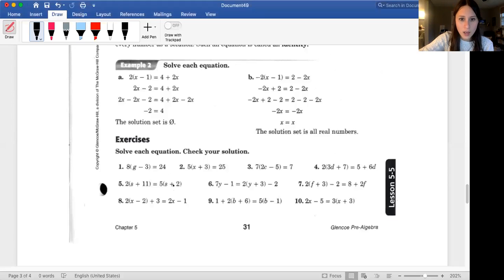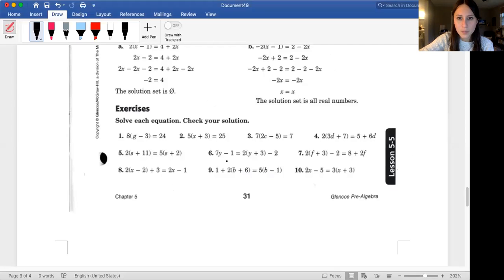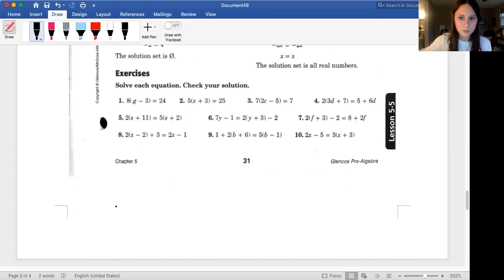All right, let's go back to our study guide for a second. Now we have parentheses on both sides of our equation for number 5. So let me do that down here. We're really not going to do anything different.